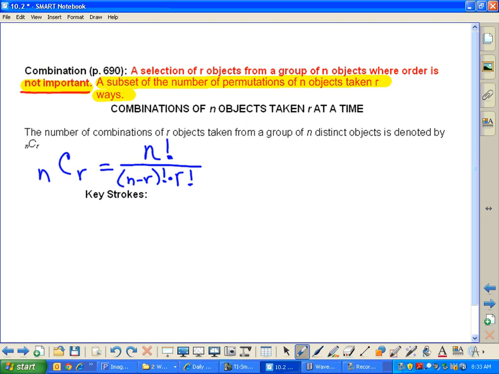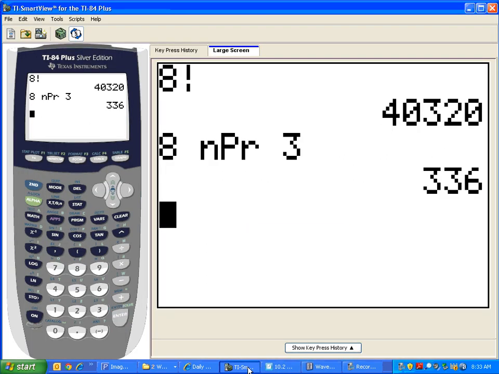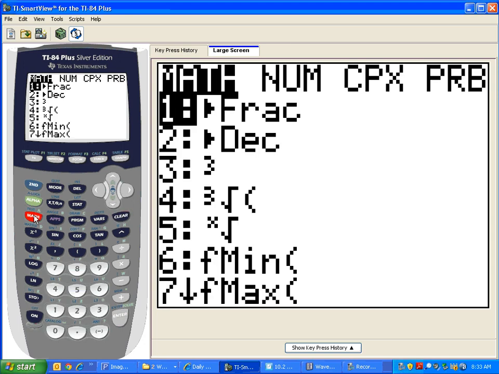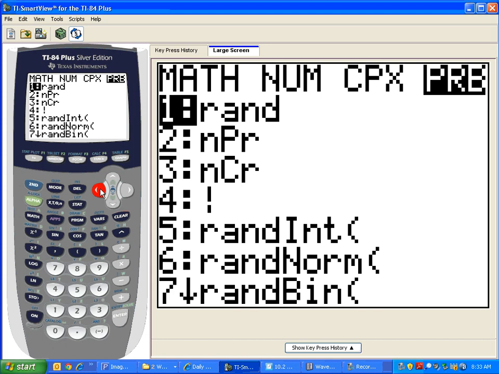In your calculator, we talked about how to find permutations. You might recall that combinations also made an appearance. So if we wanted to find a number of combinations, you would have to store your n value, and then you're going to press math, arrow over to PRB, which is short for probability, and then option 3, you'll see there, is NCR.